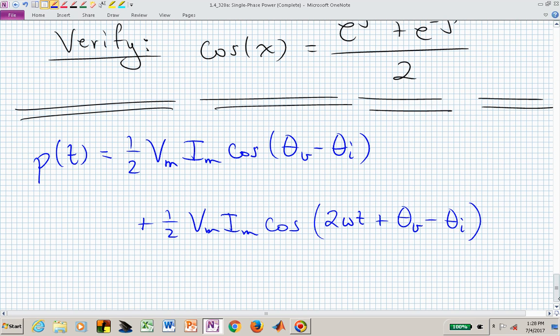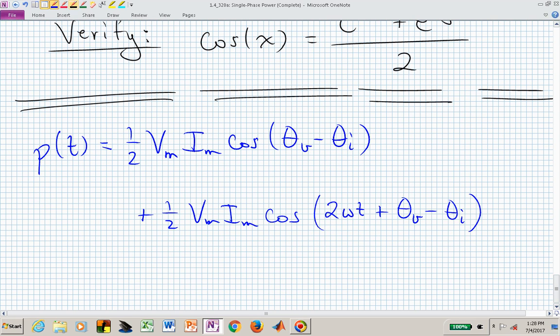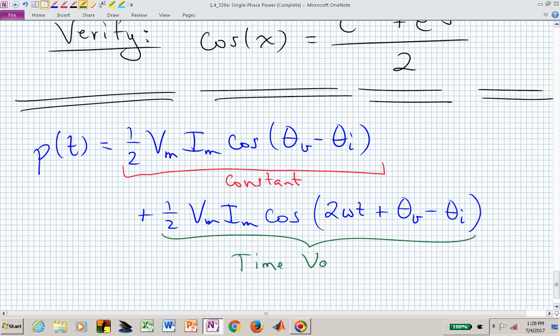Now notice what's happened. Theta sub v and minus theta sub I are fixed, constant angles. That first term, which I've underlined in red, is just a constant, just some number. The second expression that makes up the instantaneous power is actually time varying because of the argument of the cosine, and it's now twice the frequency of our original waveforms of voltage and current.